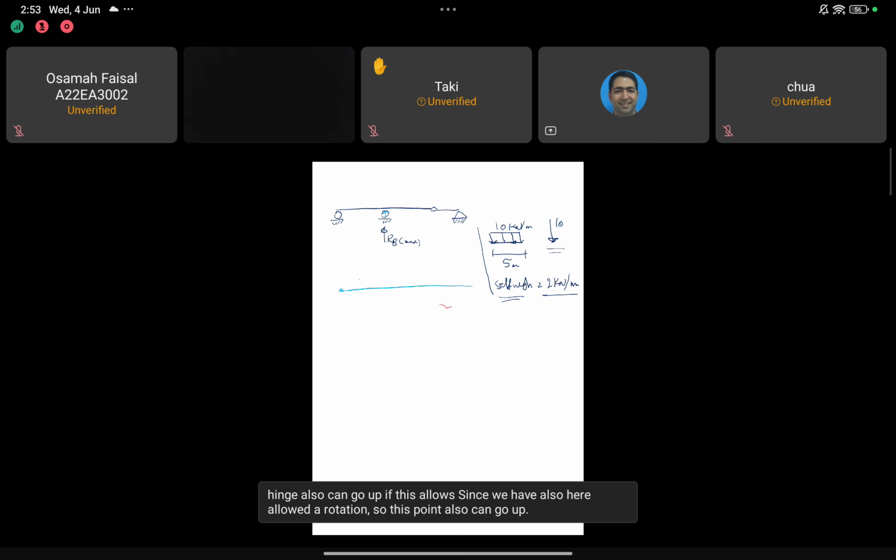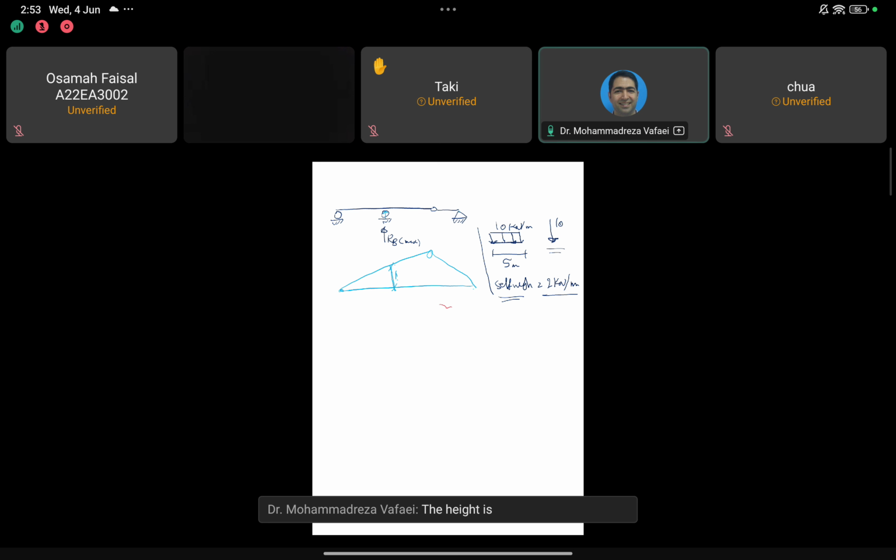In other words, the deflected shape will look like this one, in which here the height is 1, which is the location of RB. Here we have 0, and here also we have 0. And you can easily calculate this one if the distances are given to you.